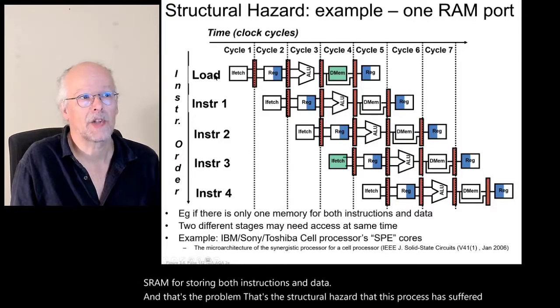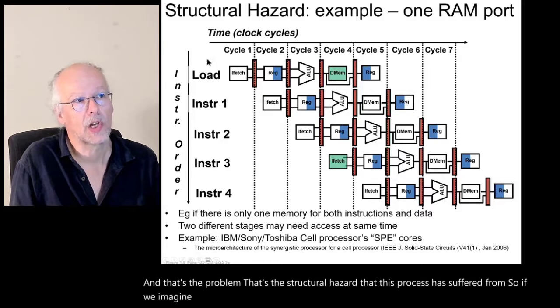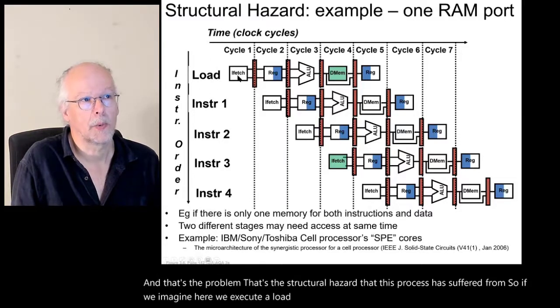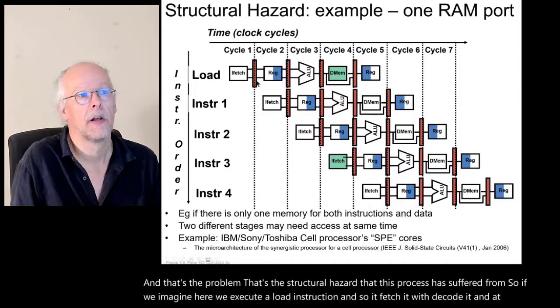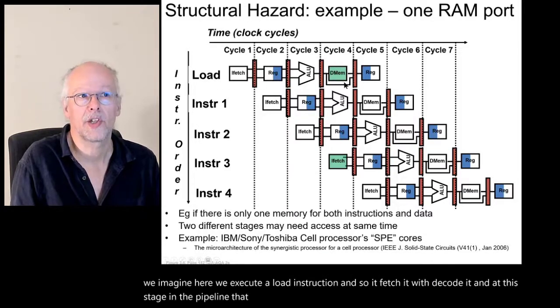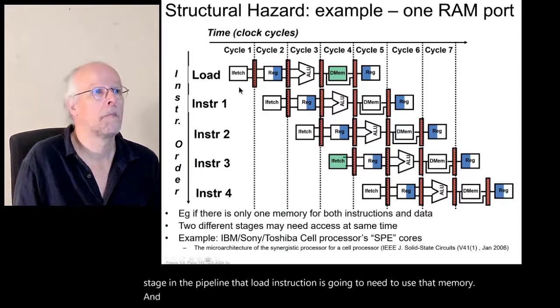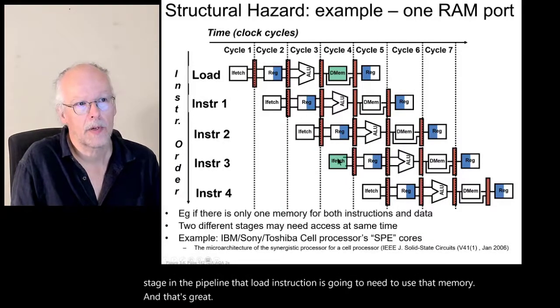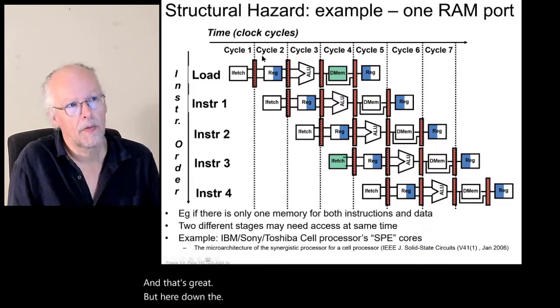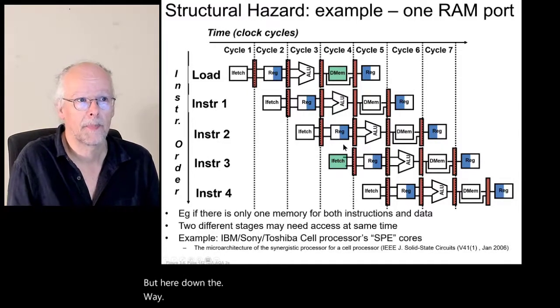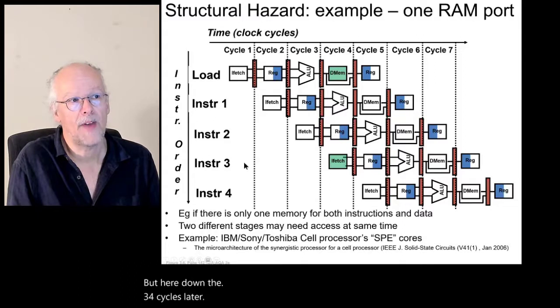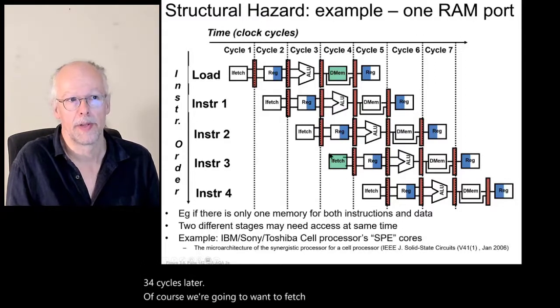So if we imagine here, we execute a load instruction. And so we fetch it, we decode it. And at this stage in the pipeline, a load instruction is going to need to use that memory. And that's great. But here down the way, 3-4 cycles later, of course we're going to want to fetch instruction 3 from the same memory.